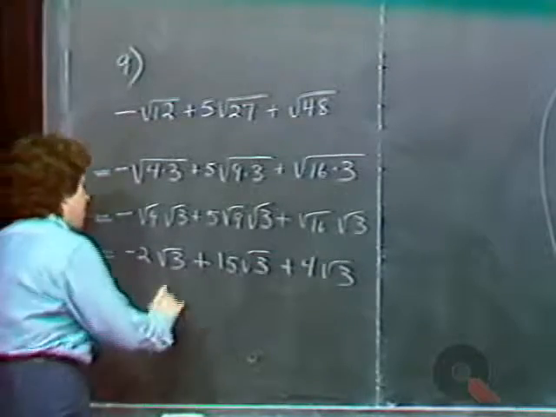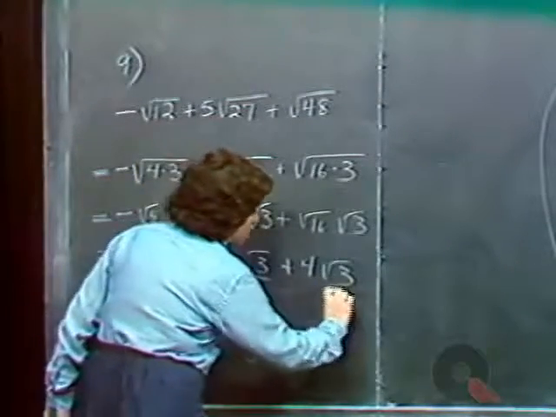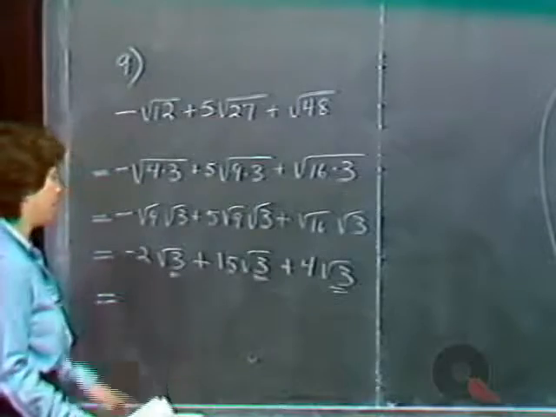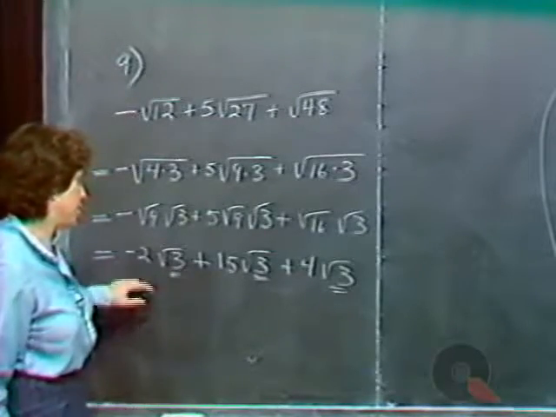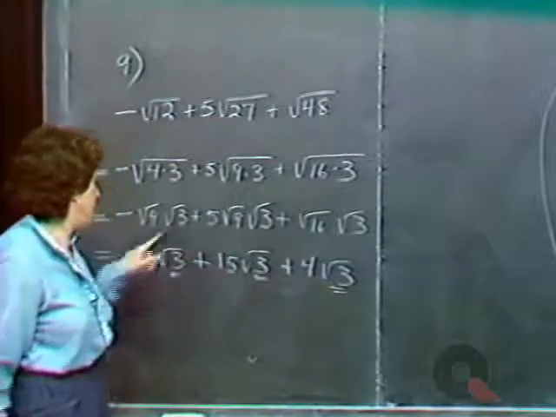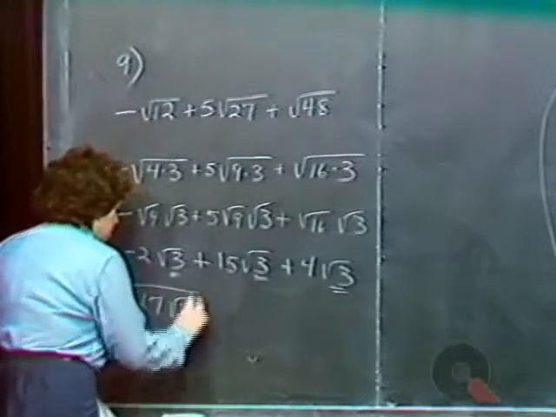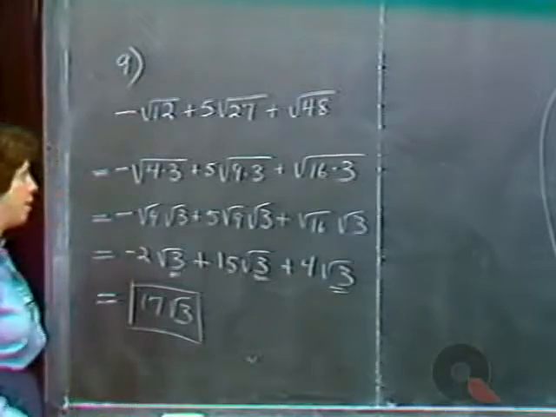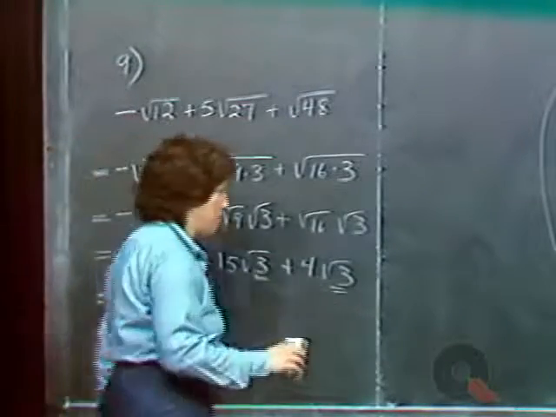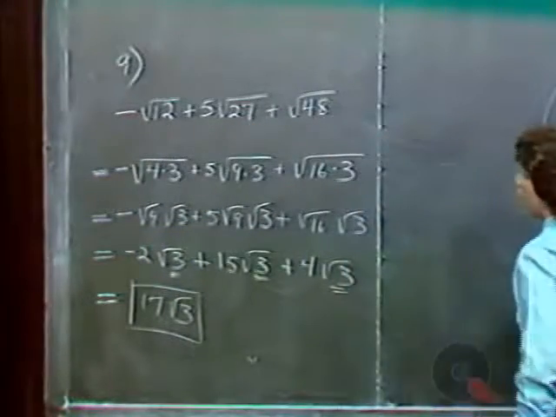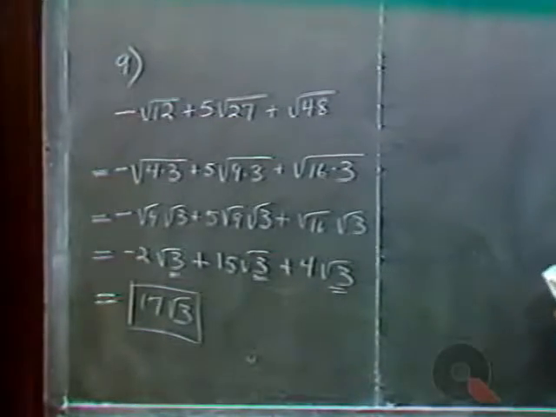So now we do have the same expression under the radical in each case. So we can combine the radicals and we get 15 plus 4, 19, minus 2, 17 times the square root of 3 as our answer. But you would not be able to see that until you first put each of the radicals into simplest radical form.